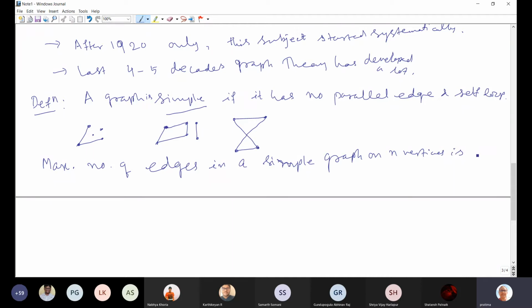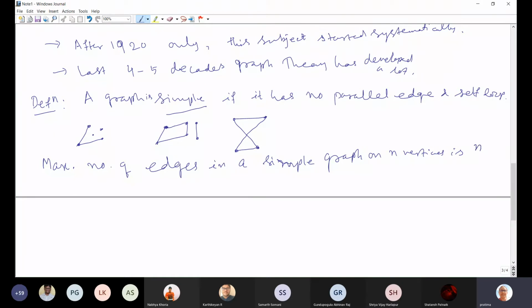Every edge is a two subset. Every edge consists of two different vertices, right? So what will be the maximum number of edges in a simple graph on n vertices? N number of vertices are there. So what will be the maximum number of edges? N choose 2. N choose 2, right?